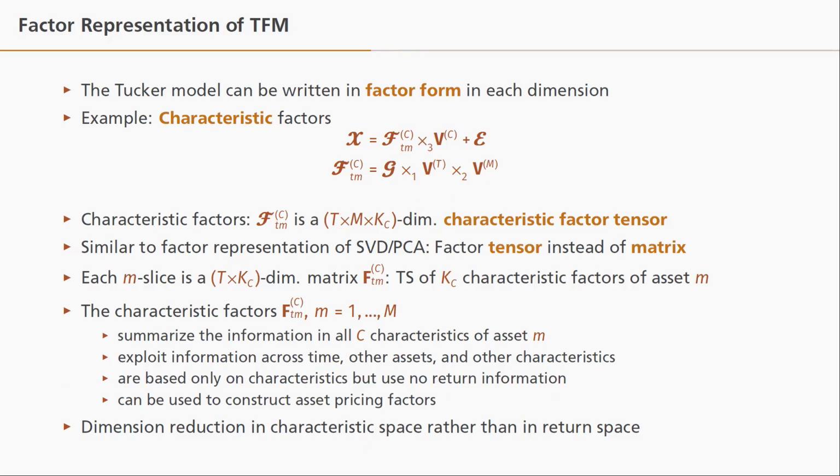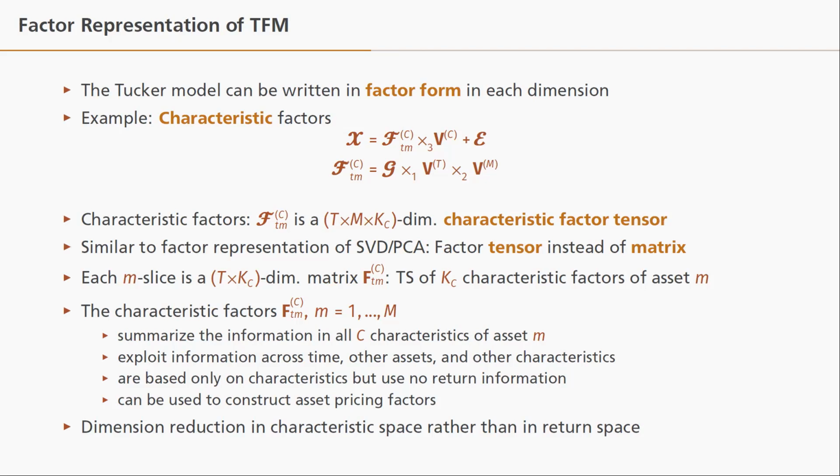Then I will lose the C. So this FTM will be the KC factors observed over time for fund M. Okay, and this will be the input into my pricing factors later on. So they are summarizing the information in all C characteristics, but using information of the other funds too. So you exploit information across time, across other assets, and across characteristics.